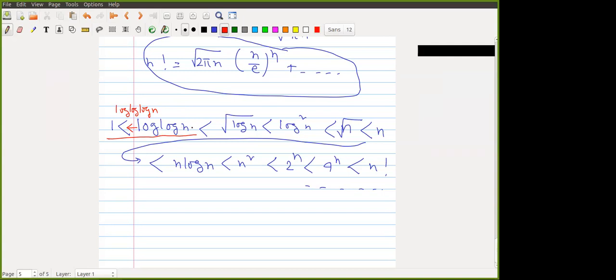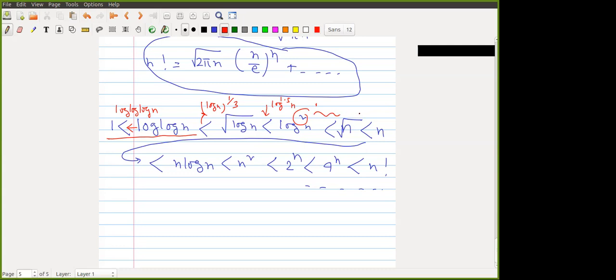Similarly, somewhere in between I can give you log n to the power 1/3, or square root, that is to the power half. Similarly, this is log square, but somewhere here I can give you log to the power 1.5 of n. Between those also I can give, but this is more or less an ordering. You understand my point?